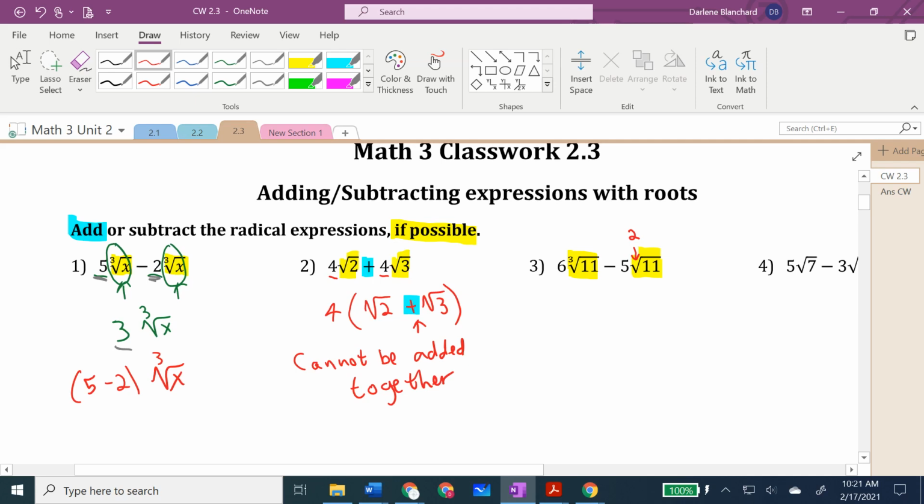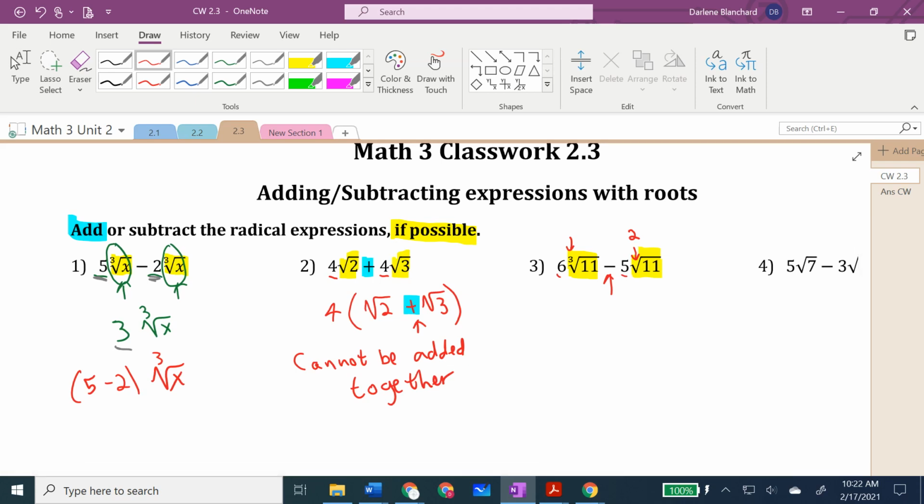So it's looking for a number that multiplies twice. But over here, the index is 3, looking for a number that multiplies 3 times. Because those indexes are not the same, you can't do this subtraction. You can't even factor anything out. 6 and 5 have no common factors. There is absolutely nothing you can do to simplify this.